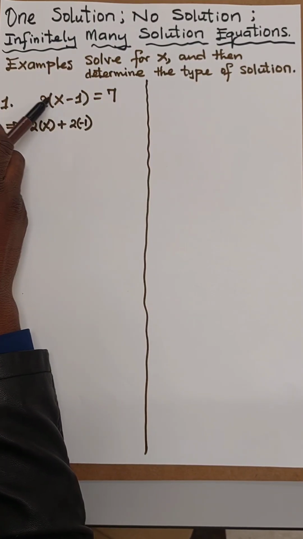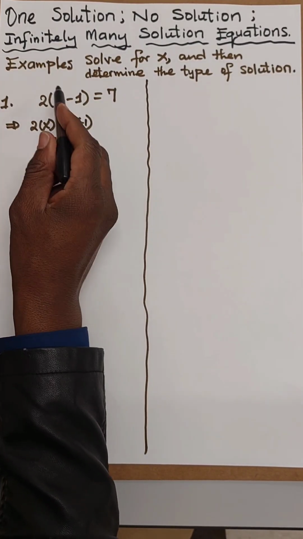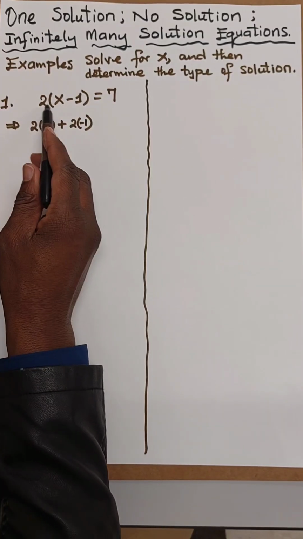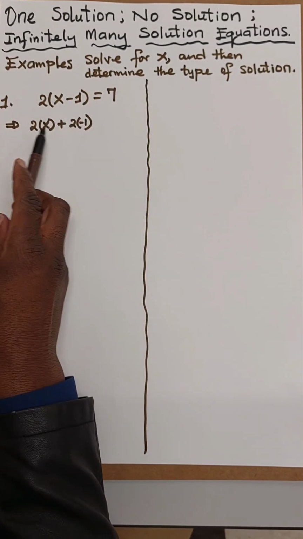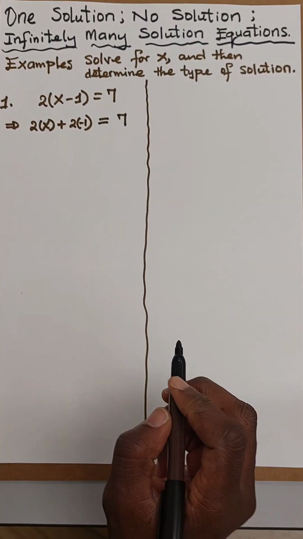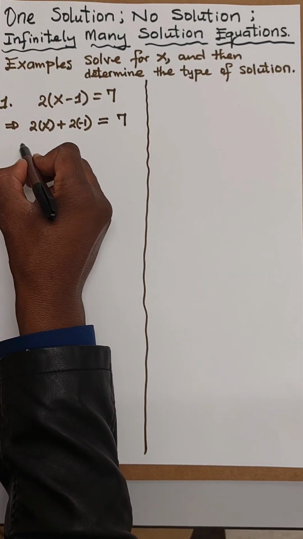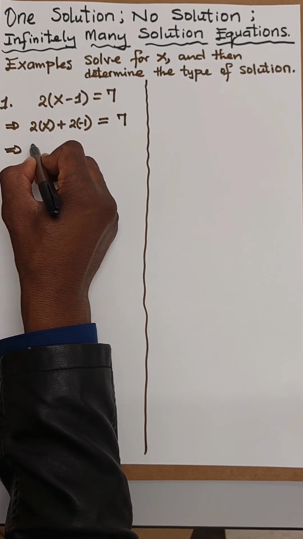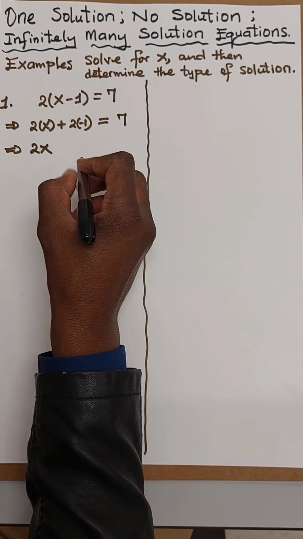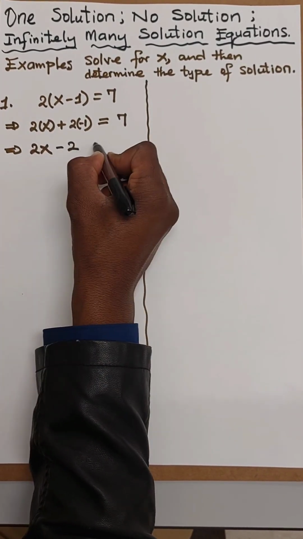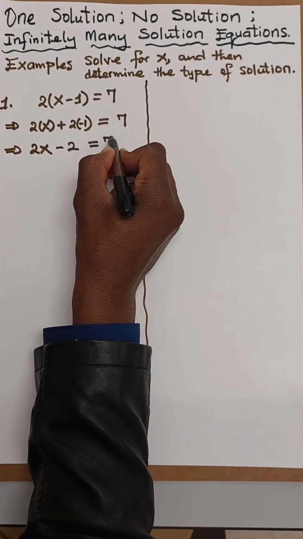We have multiplied the x by the 2 outside, and we have also multiplied that -1 by the 2 outside. So let's simplify. 2 times x is just 2x, and 2 times -1 is -2, and that equals 7.